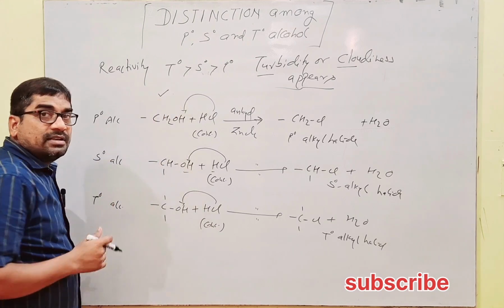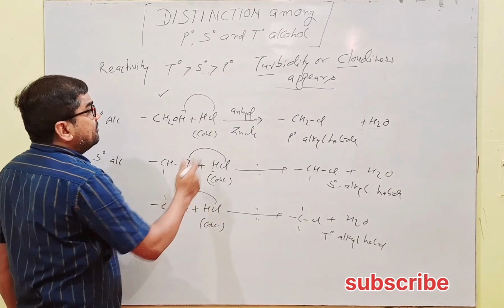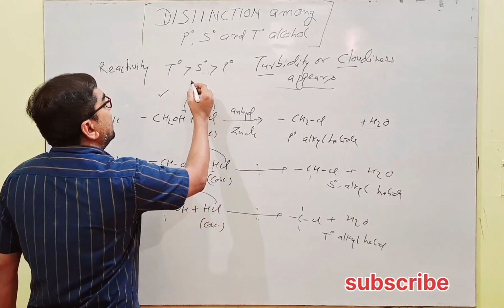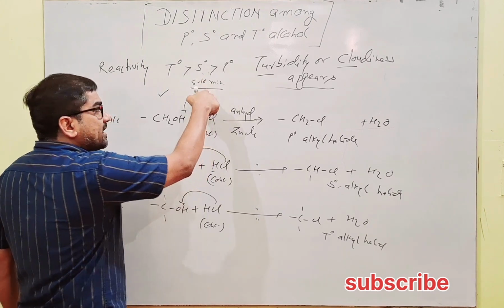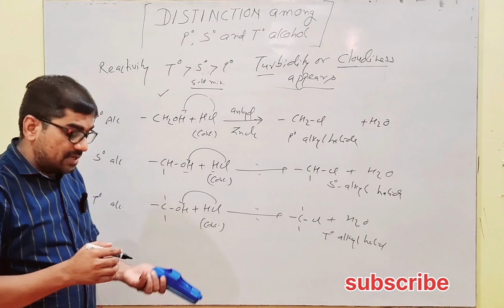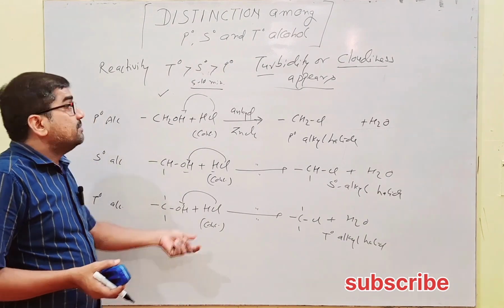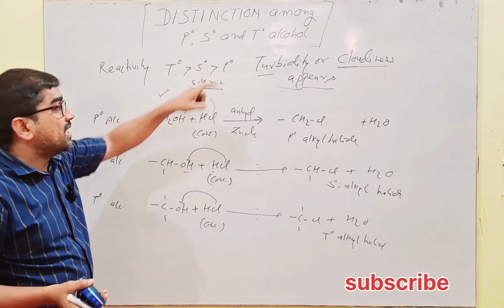First it will give the test cloudiness in the test tube. Now after 5 to 10 minutes, secondary gives the cloudiness, same cloudiness, but not at the same time. Immediately result is given by tertiary, because tertiary is more reactive than secondary than primary.